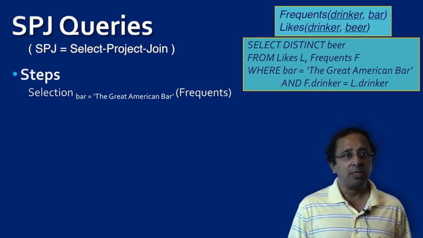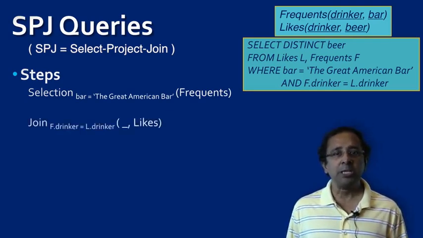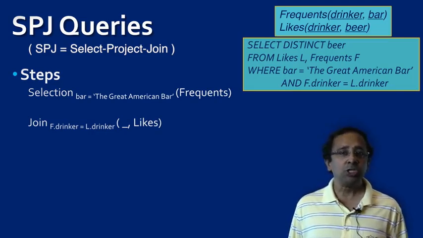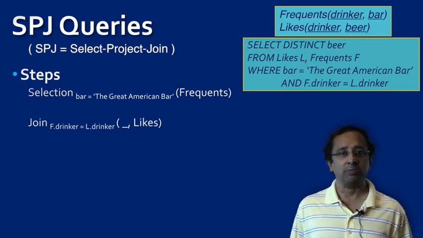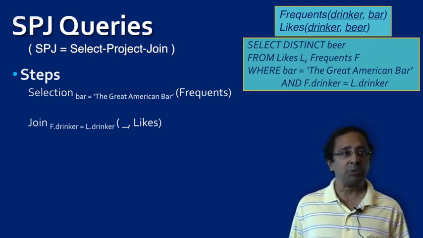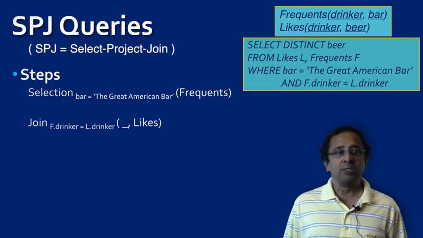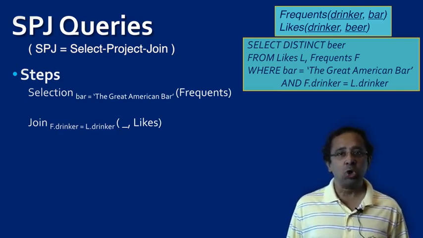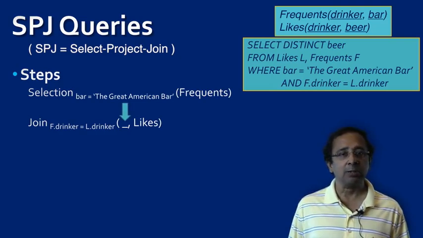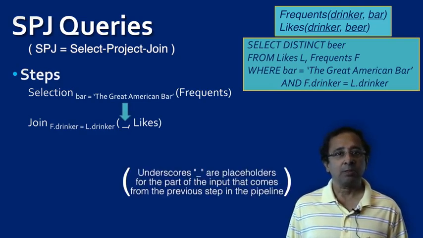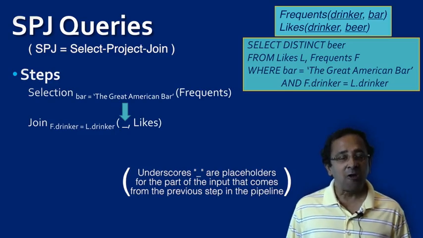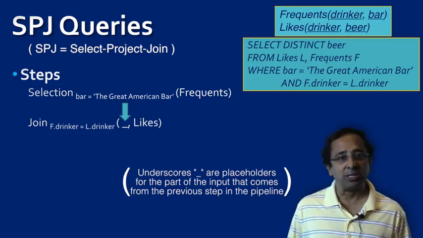All right. The next step will be a join with the likes relation. A join requires two relations and a join condition. The join condition comes from the query. The first relation, shown with an underscore symbol here, is the result of the previous operation.